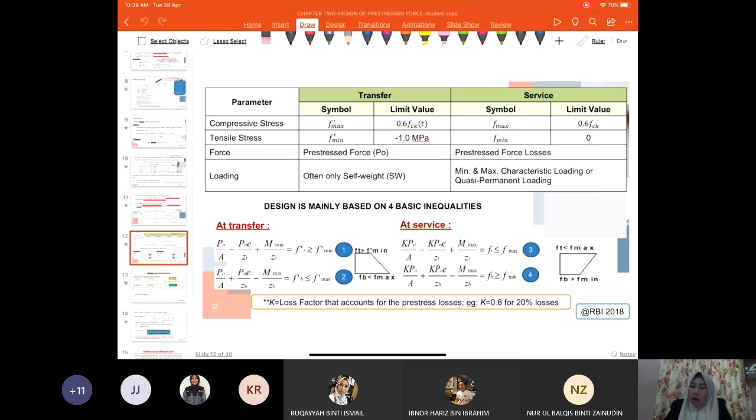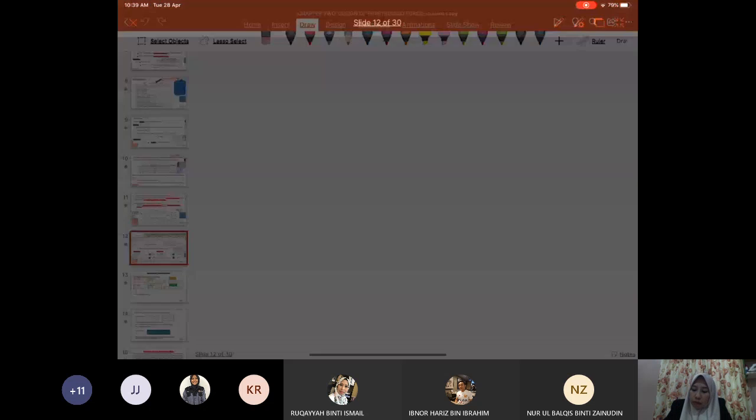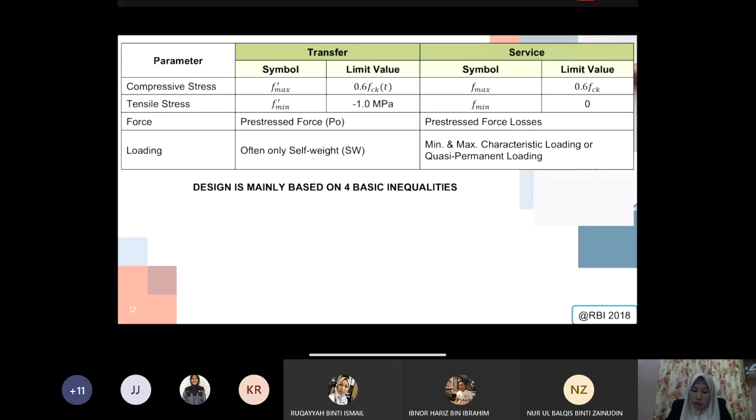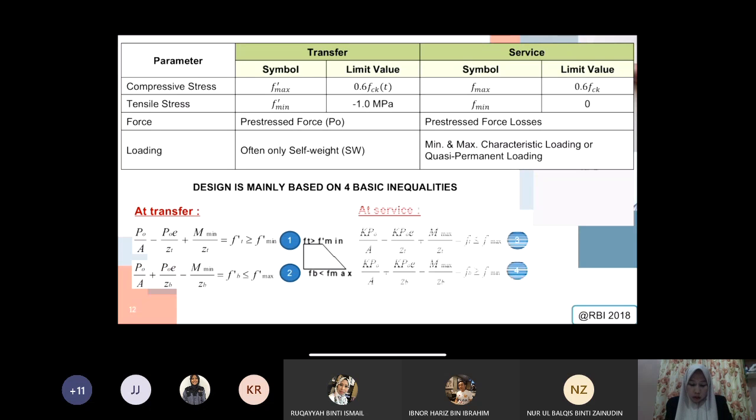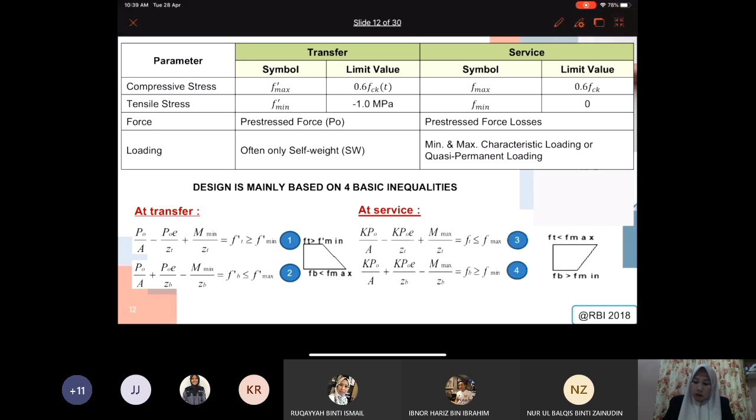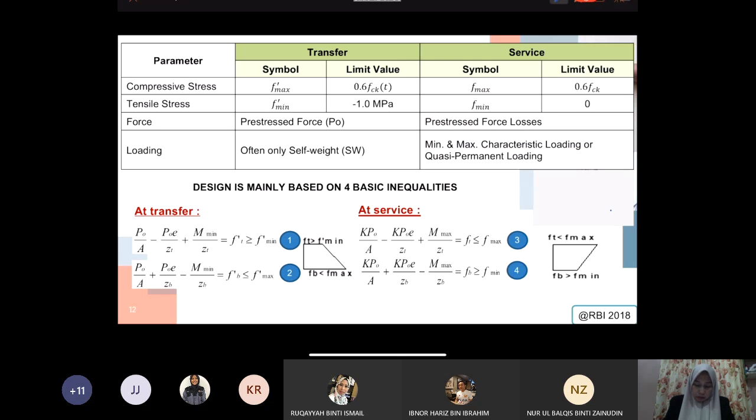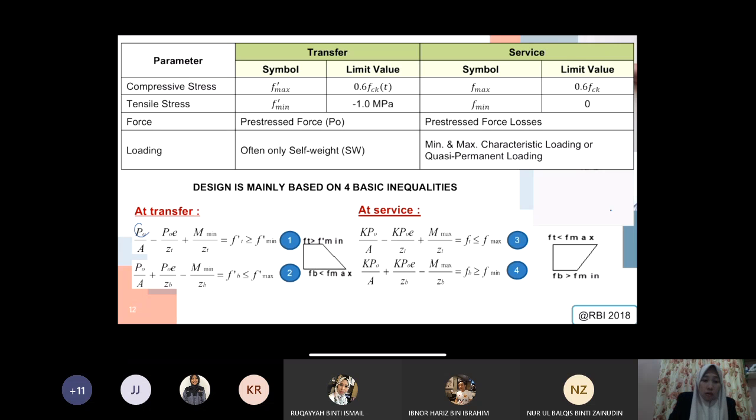Okay, so at this point, what we have already, if we refer back to our 4 basic inequalities equation, at transfer and also at service, you will notice that we already have our P naught, the pre-stress force that you want to use, because we determine it from the Magnus diagram.